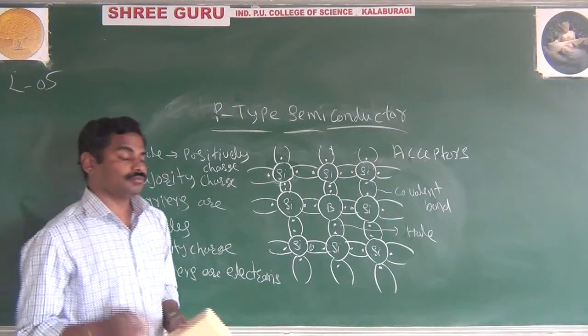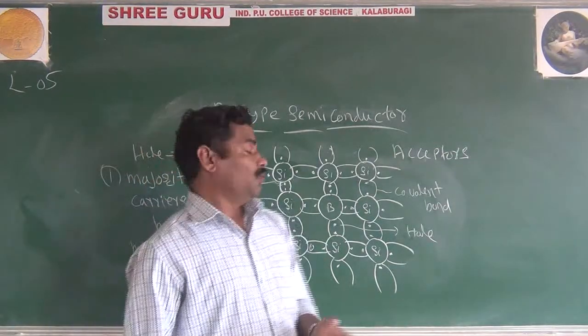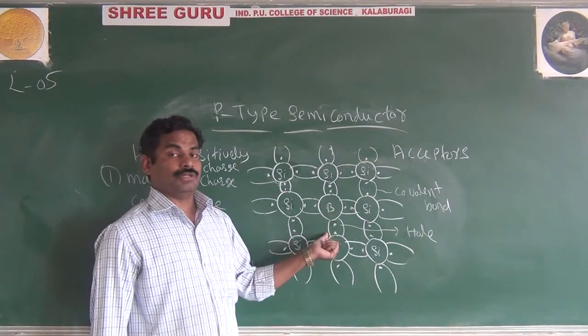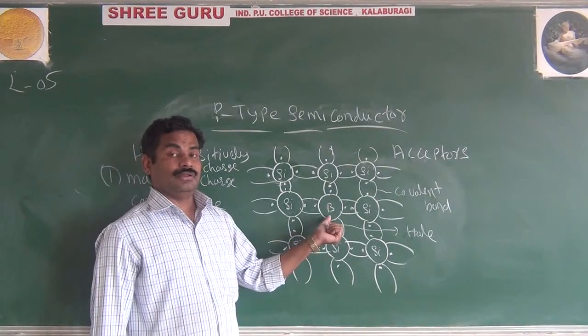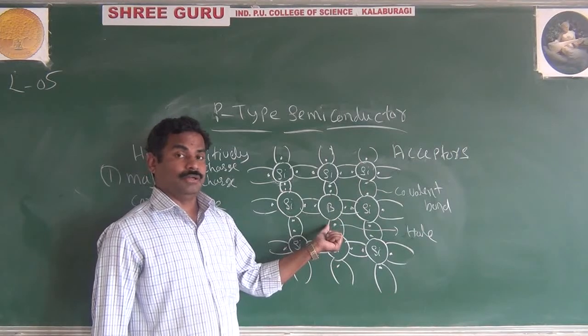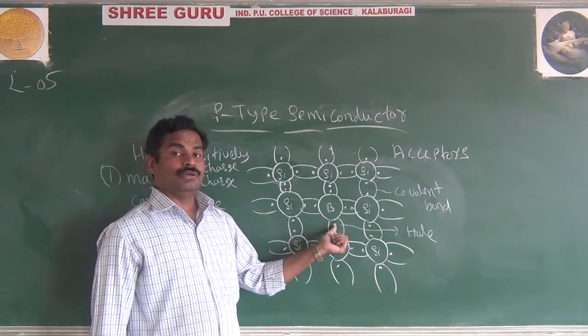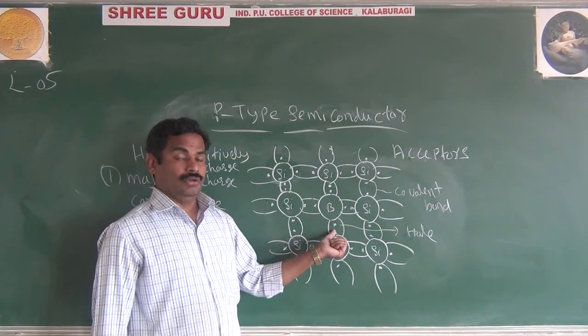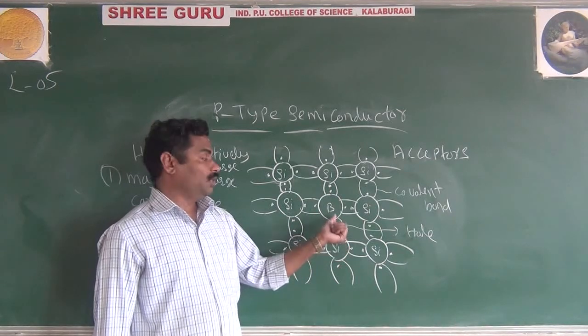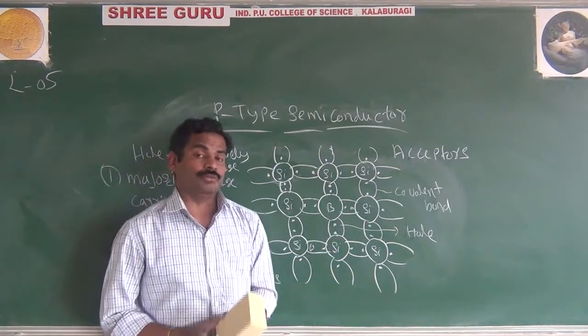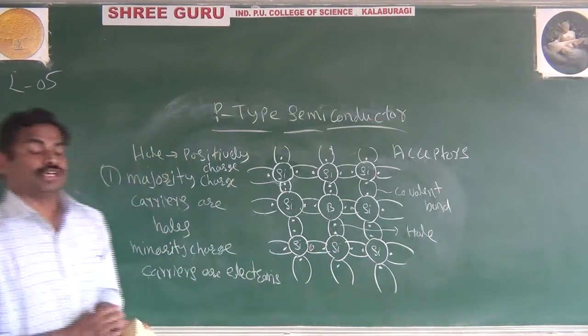Another important thing, as I said, whenever you add impurities to the pure semiconductor, for example you are adding boron, that boron will give one hole. Whenever it is giving holes, that means it generates holes, and that boron atom becomes a negatively charged particle.